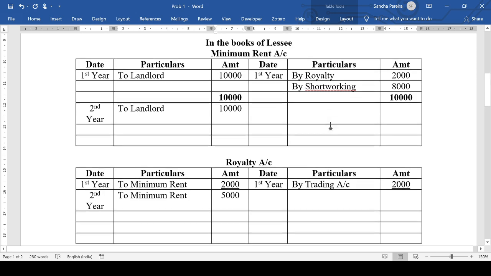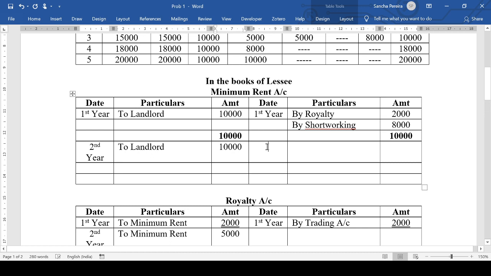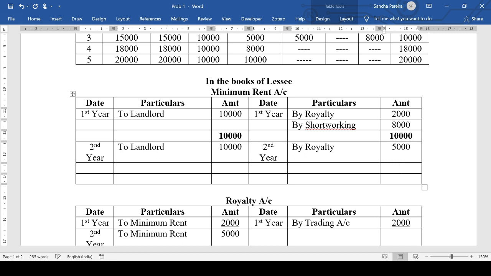And in the minimum rent account, you will have it as by royalty 5,000 and by short working 5,000.